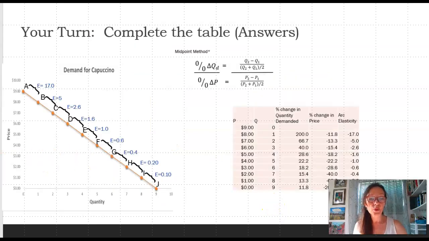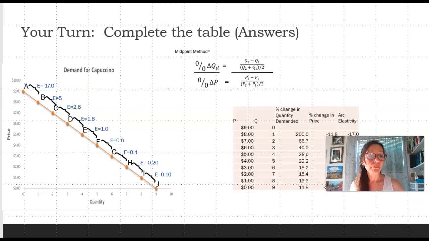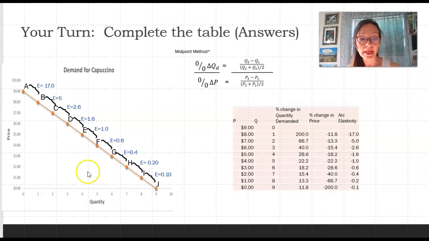Okay, in the last tutorial, I asked you to solve for the elasticities of each of the ranges along the demand curve. So hopefully you followed the midpoint method, which I described in detail, and this should be your response. Okay, so this presents some interesting information.